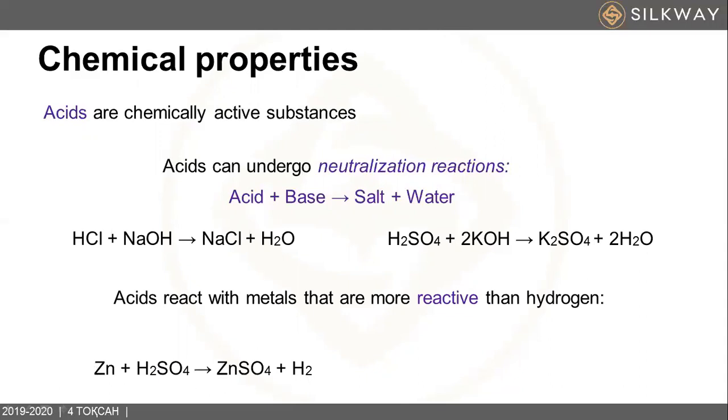Hydrogen has diatomic structure. Lithium is also more reactive than hydrogen, and it again replaces hydrogen. And when lithium reacts with hydrochloric acid, it produces lithium chloride, it's a salt, and hydrogen gas.